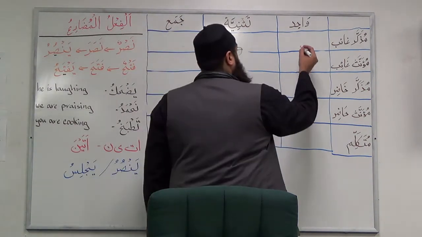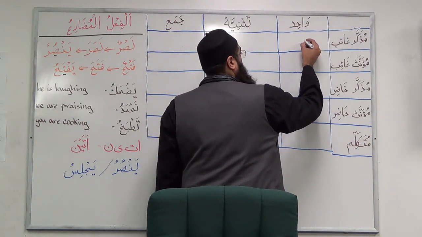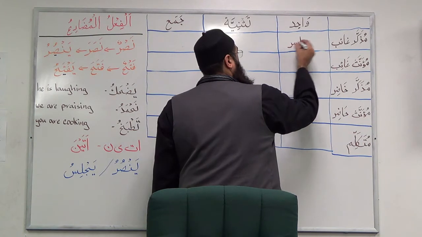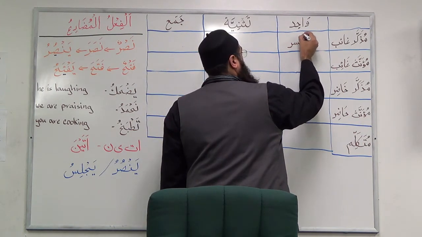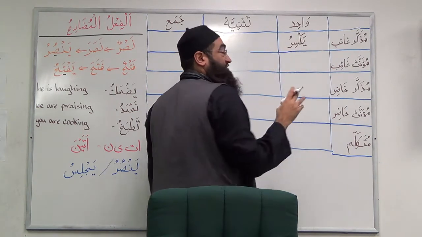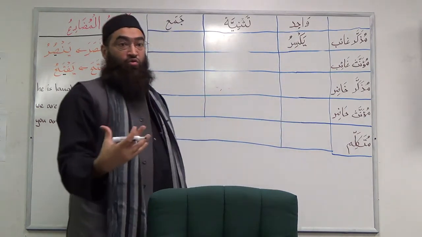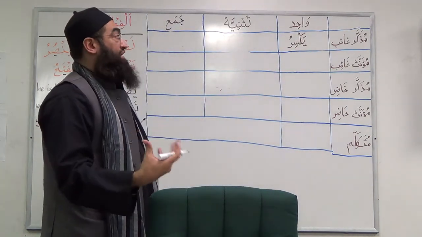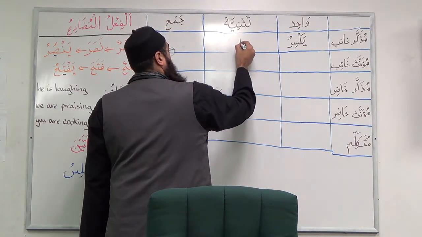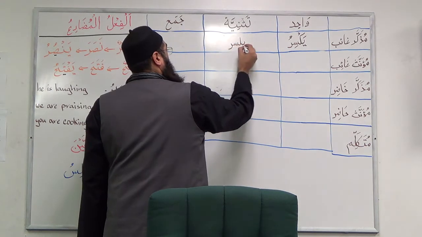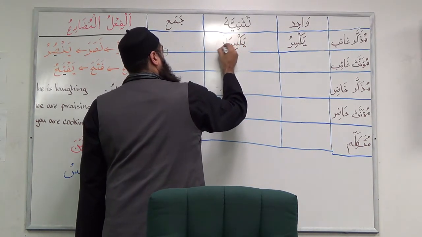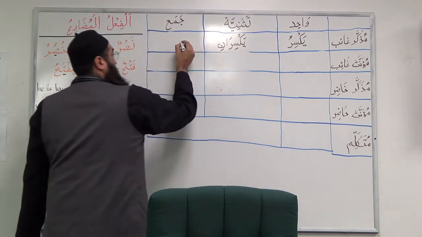Yaksiru. So it has a kasra. So instead of saying yaksaru like yaf'alu, it's going to be yaf'ilu. Yaksiru, yaksirani, yaksiruna.